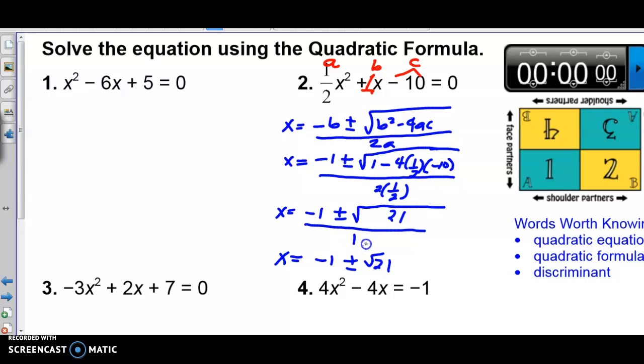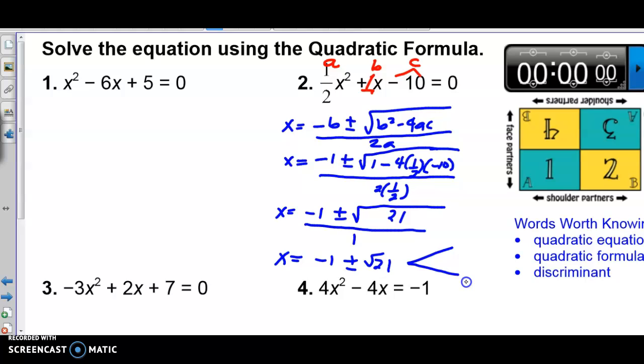So what we're going to do if you want to change this to decimal is get the square root of 21 in a calculator and find the two possible solutions. So let me get my calculator and do that. So we want to get square root of 21.